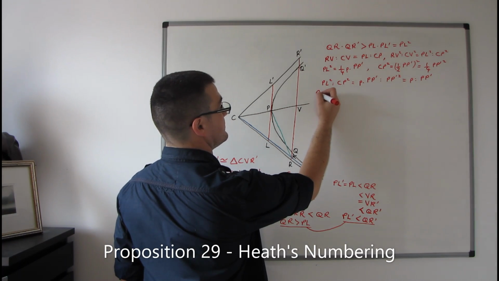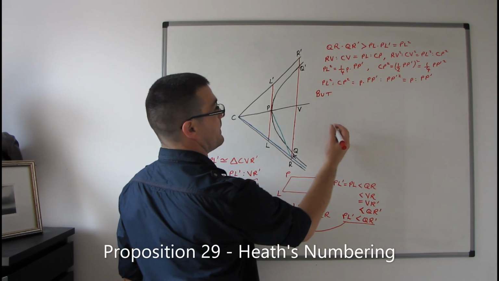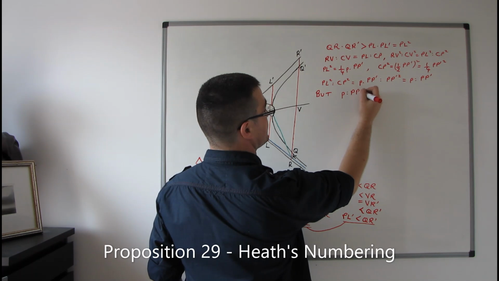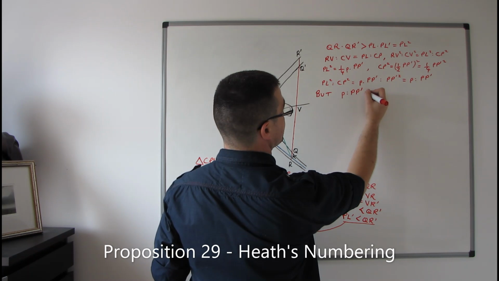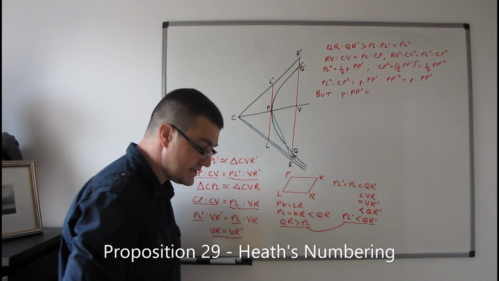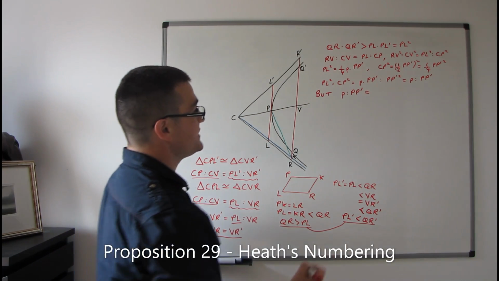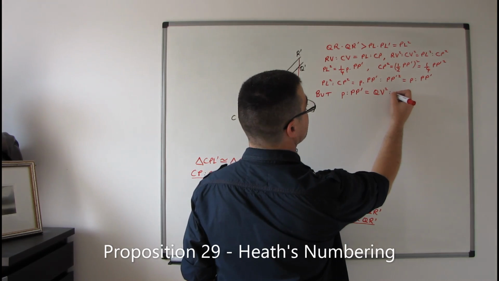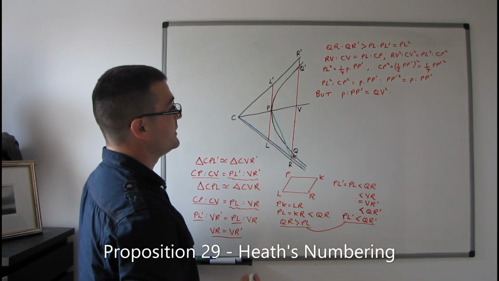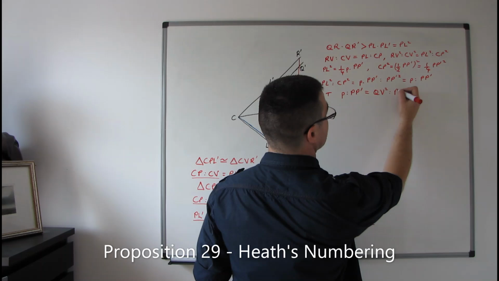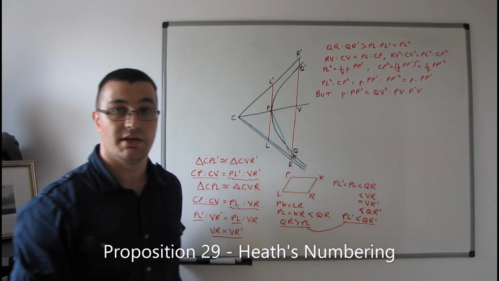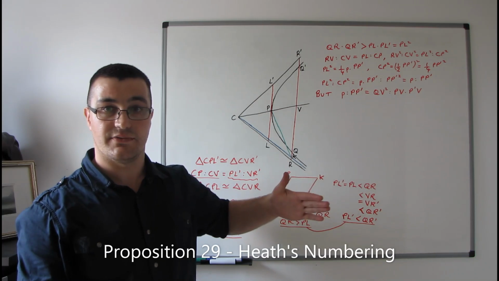But PP primed is equal to QV squared to PV times P primed V. So this was back in the second video I think that I made.